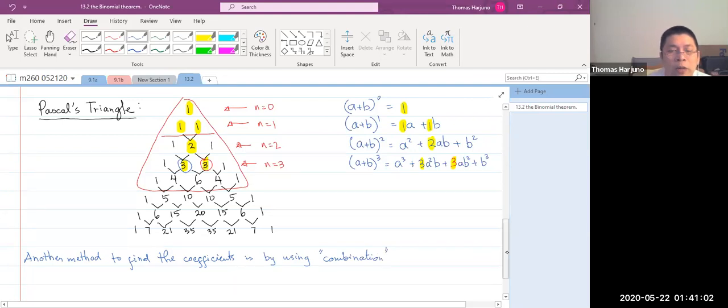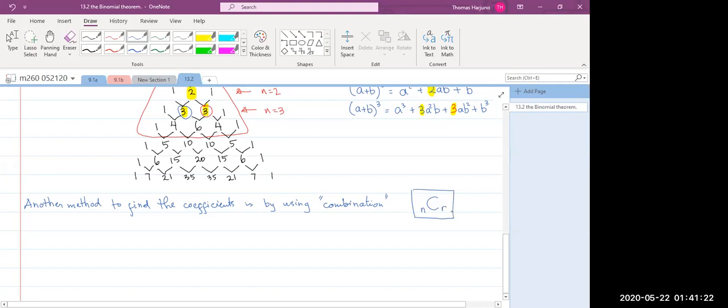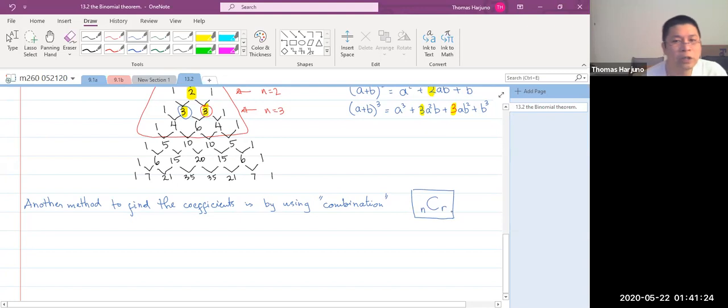By using combination. Now, what is that combination? On your calculator, that will be the notation nCr. Look for that notation on your calculator. Where do we find it? On your calculator, look for the notation nCr.